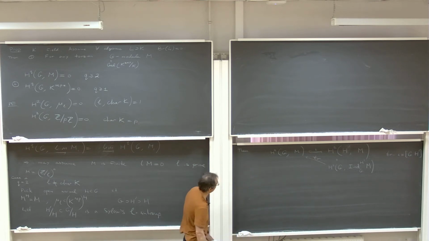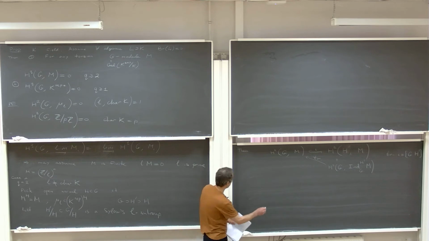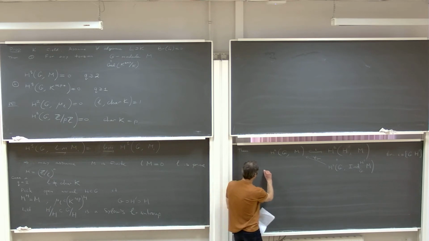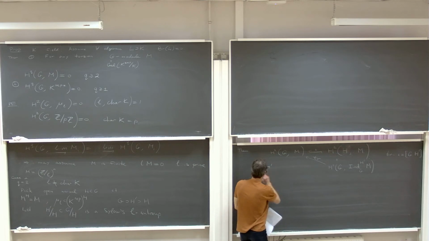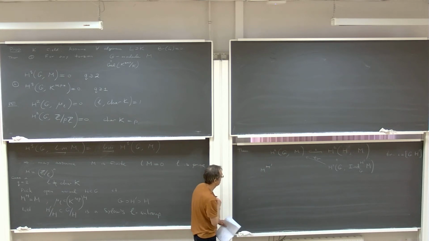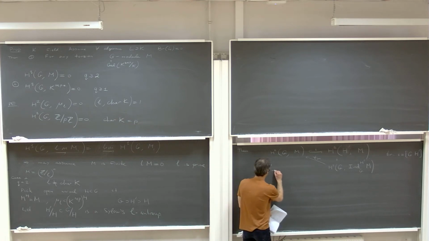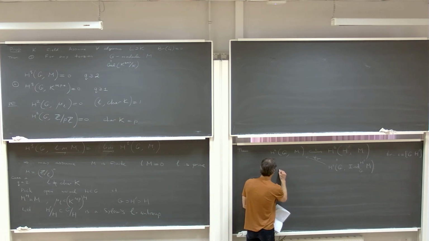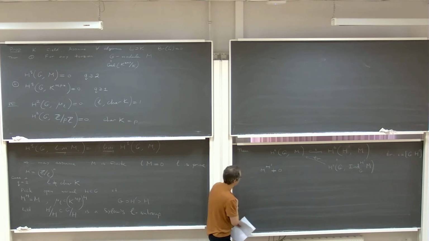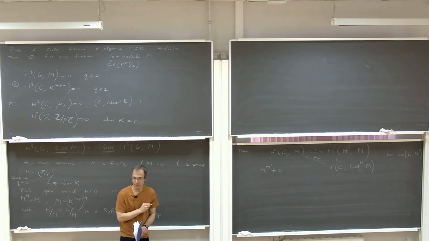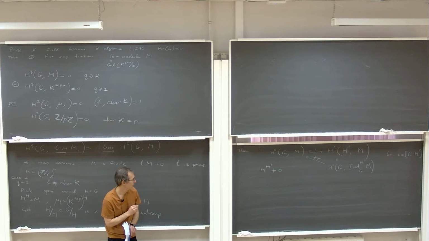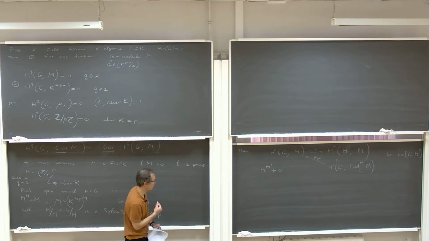This is one observation. The second observation is that M to the H prime is non-zero. And this is a very nice exercise actually in linear algebra.